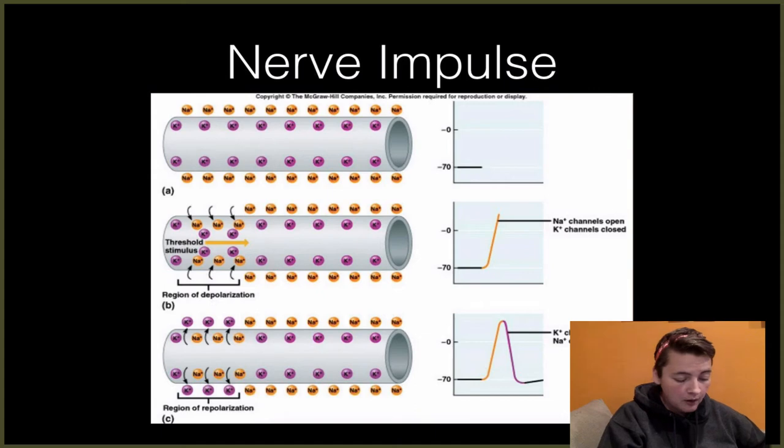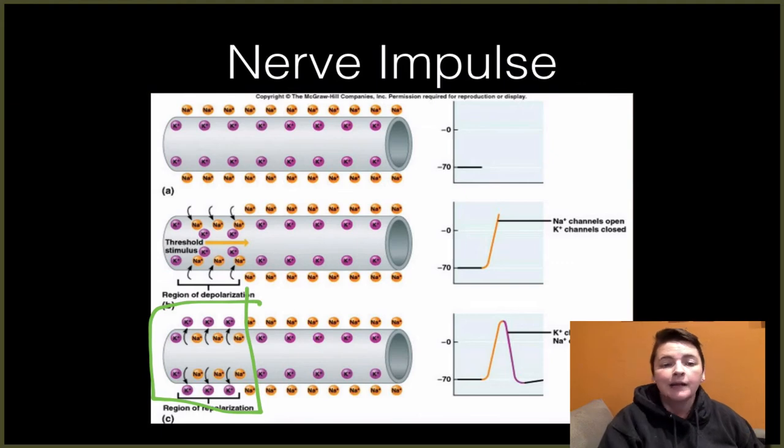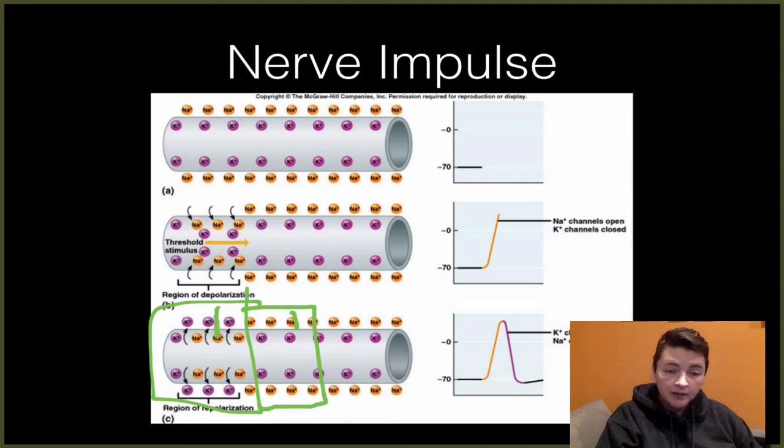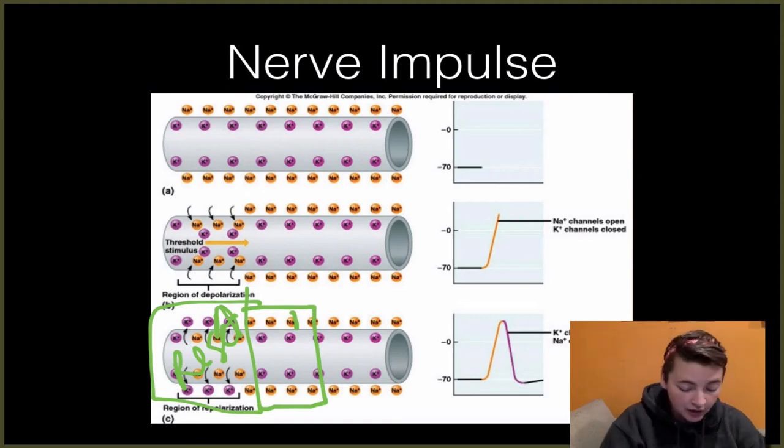Now in a small portion of the membrane, we have sodium on the inside and potassium on the outside, so there's a switch. This causes the next section of membrane to depolarize and repolarize. While the next section will depolarize and repolarize, this one will reset. And then this impulse will travel down that neuron.